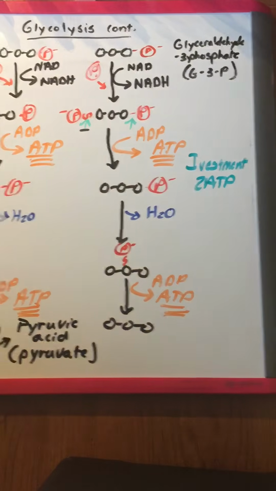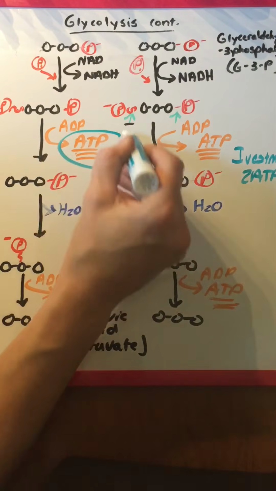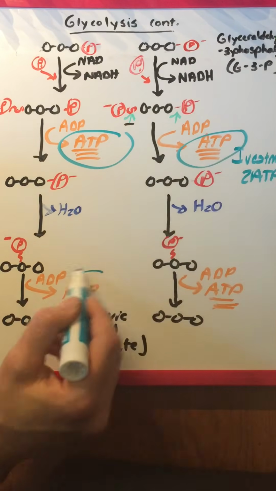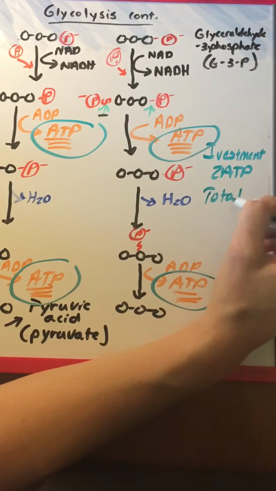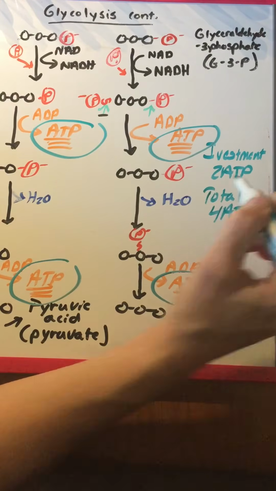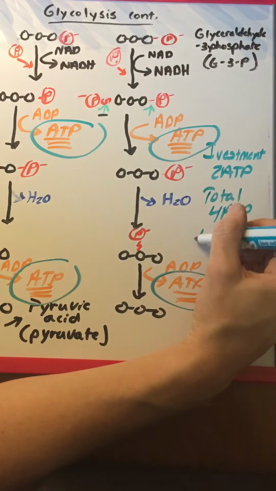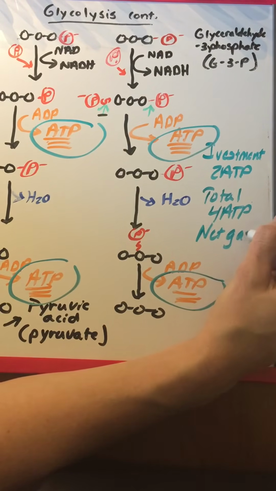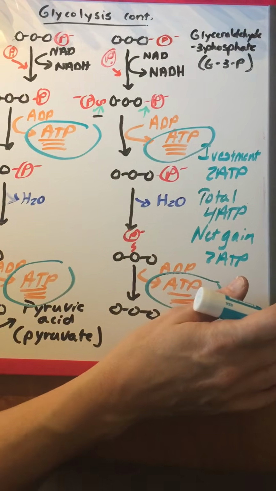Now let's look at the total that we produced. We produced 2 here and 2 more here. So we produced a total of 4 ATP. But if we subtract our investment out, we only get a net gain of 2 ATP to run things in the cell.